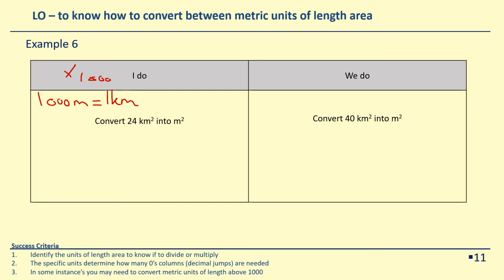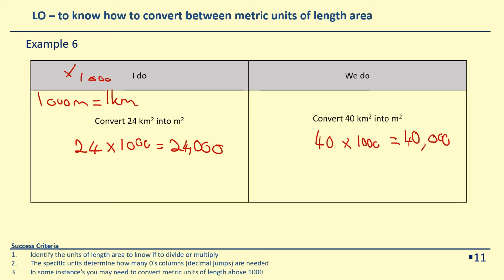Okay, so we need to times 24 by 1,000. All that gives us 24,000. Have a go at your we do, please. Play when you're ready.